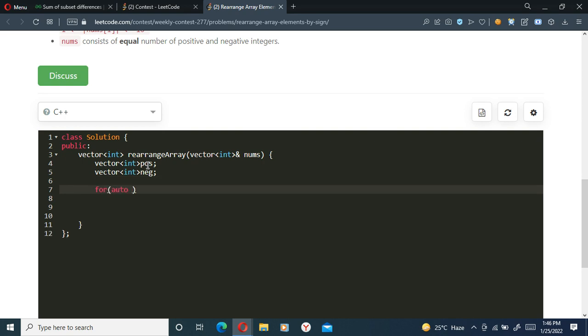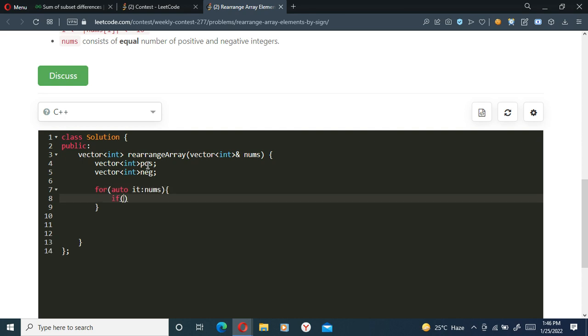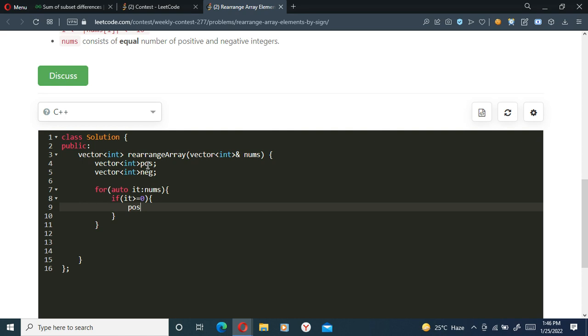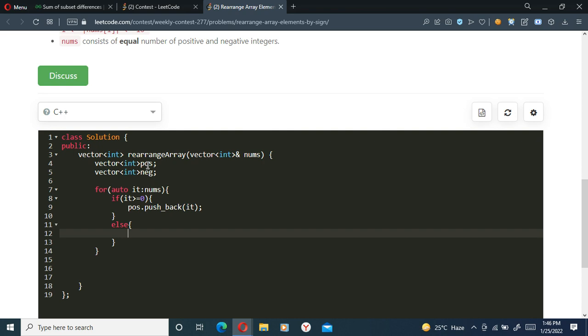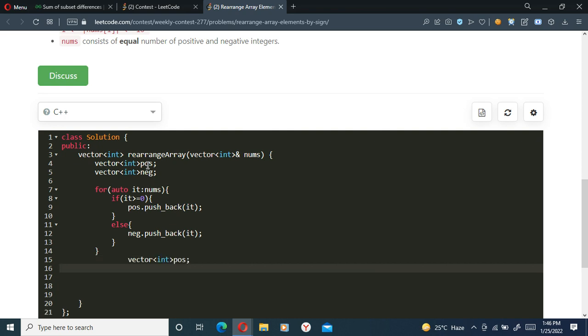For auto it in nums, if it is greater than or equal to 0, it is a positive number, so positive.push_back it, else negative.push_back it. And at the end of the day, let's create a vector of int, which will be my answer.